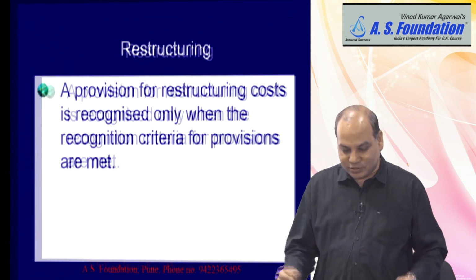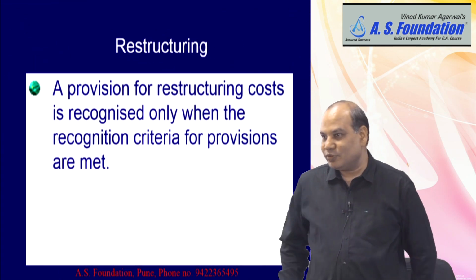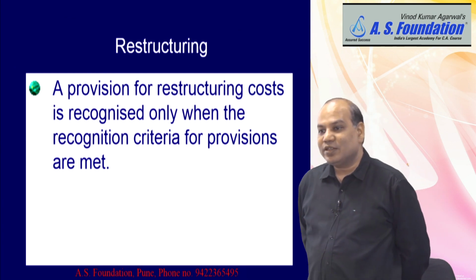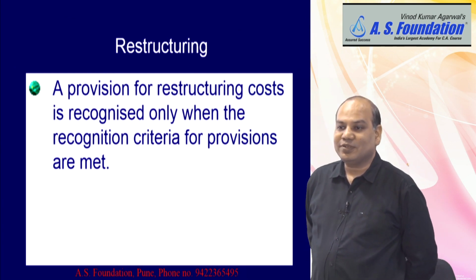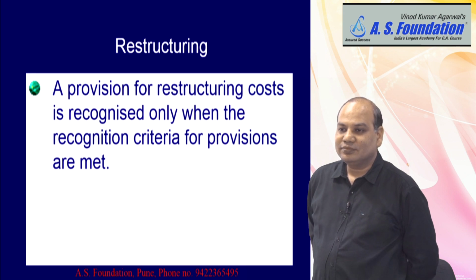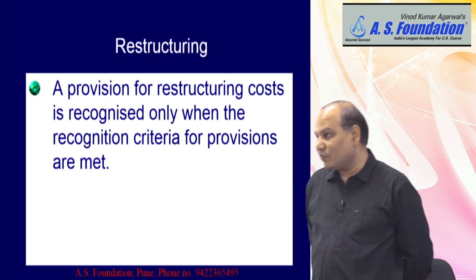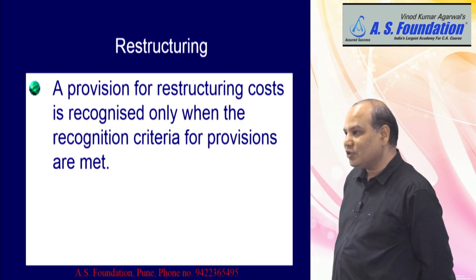These are only examples. Now the question, which you should have asked, but I am sure you will not ask, is why we are discussing restructuring in this chapter. A provision for restructuring cost will be made in the books of account if 4 conditions are satisfied.